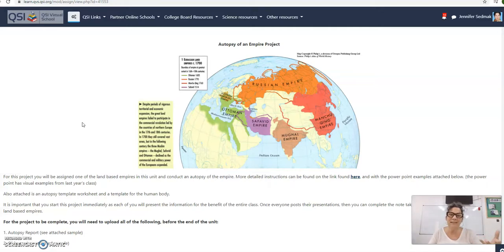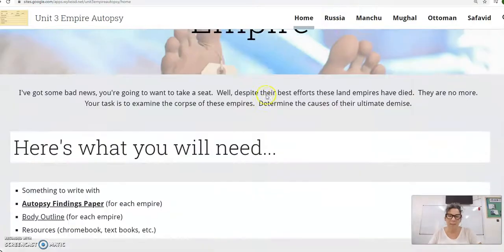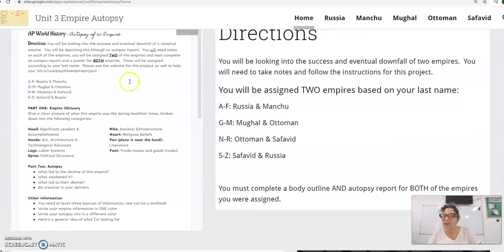Now, you're going to have to present this autopsy, and I'm going to leave that up to you in terms of how you want to present it. Like you could create a Jamboard with this human body and attach different information about the different features, because you're going to have to outline, here are the directions right here, the head of the body: who were significant leaders and their accomplishments within the context of the empire; the hands of the body: art and architecture and technology, and so on and so forth.